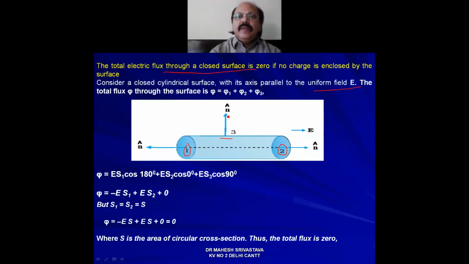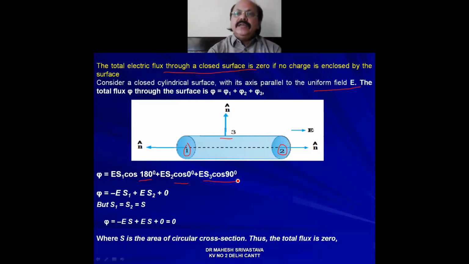So for flat surface 1, the angle between the electric field and area vector is 180 degrees, and for flat surface 2, the angle is 0. In case of the curved surface, the angle between the electric field and area vector is 90 degrees.